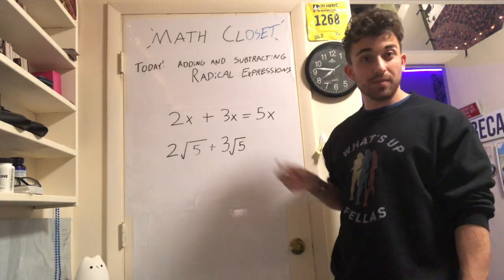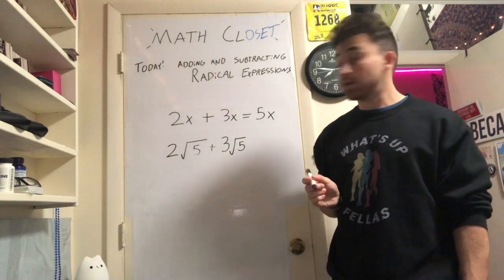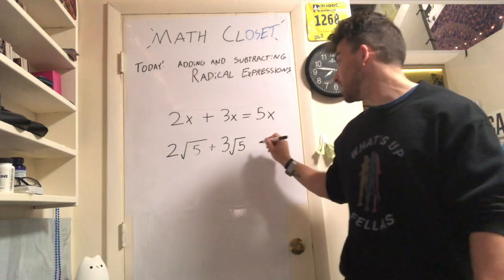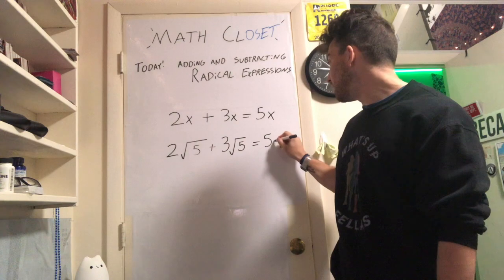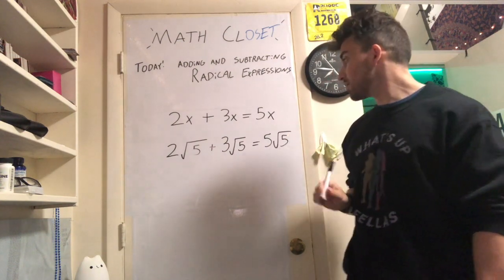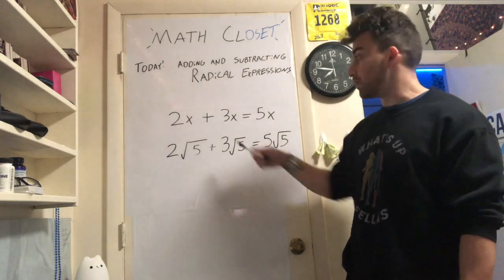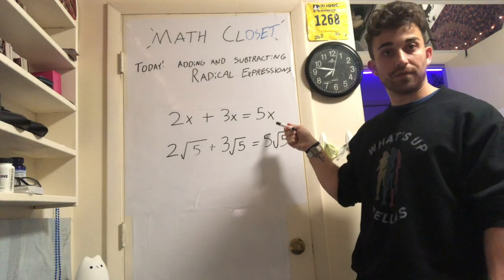We can do the same thing here as long as we have the same radicand. And so in both of these, we have a radical 5, and so that means we can combine these two terms to make 5 radical 5. So we have 2 of them here, 3 of them here. We end up with 5, just like we had 2x and 3x, so in total we have 5.